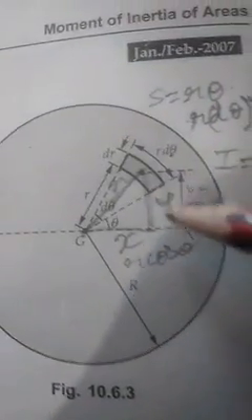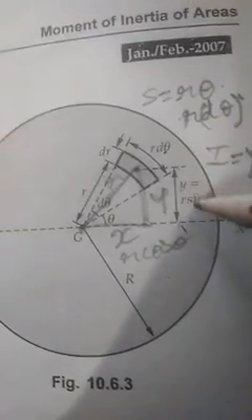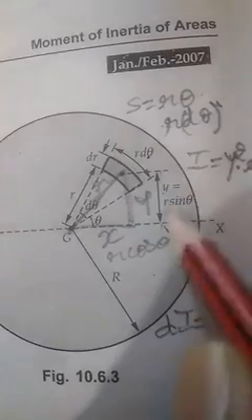So what you have to do is find out y. Y is nothing but r sine theta, you have to remember. For an elemental area, it is small dI, and small dI is equal to y square.